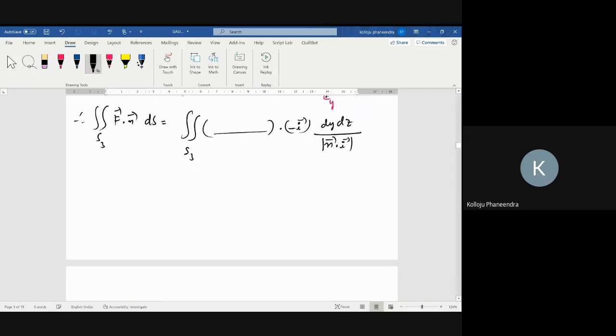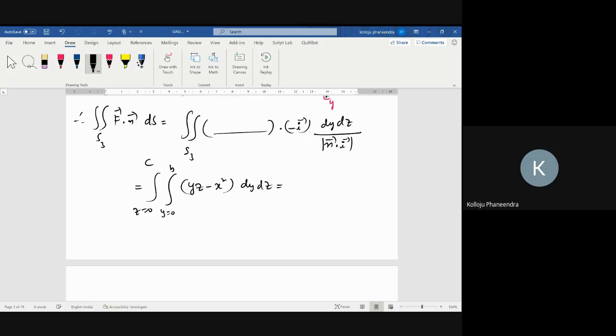You write f bar here. Y varies from 0 to b, z varies from 0 to c, and with respect to i, minus i bar means the first term you will get is the i component, with minus sign, yz minus x square dy dz.